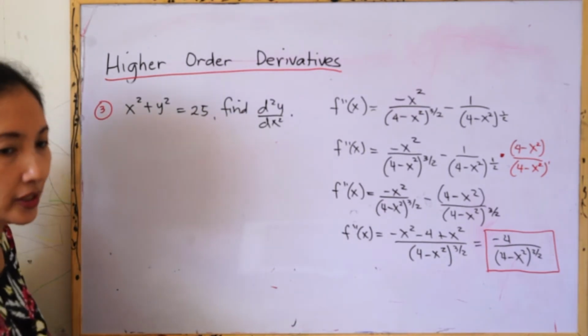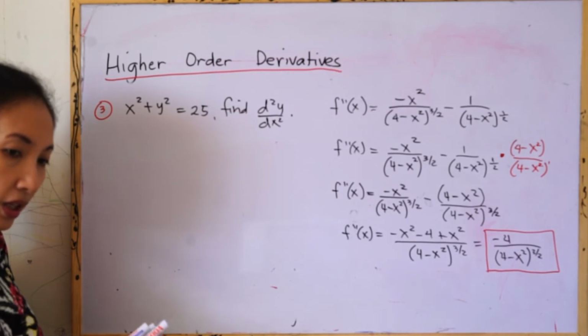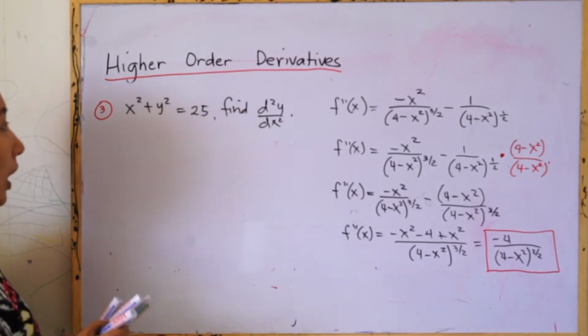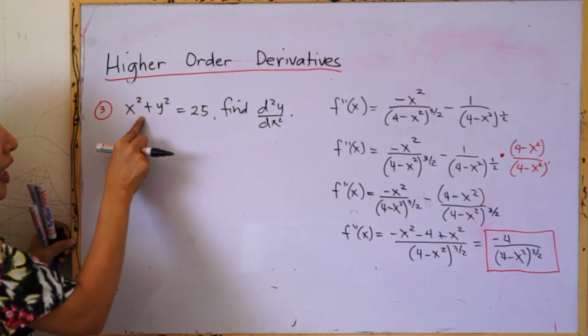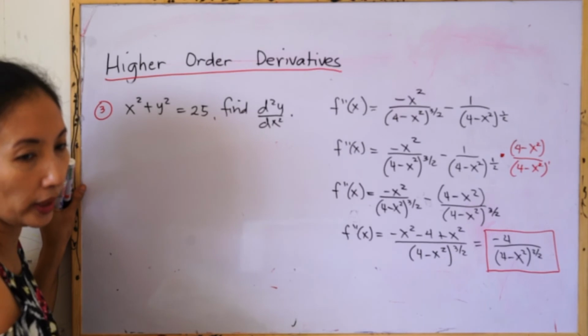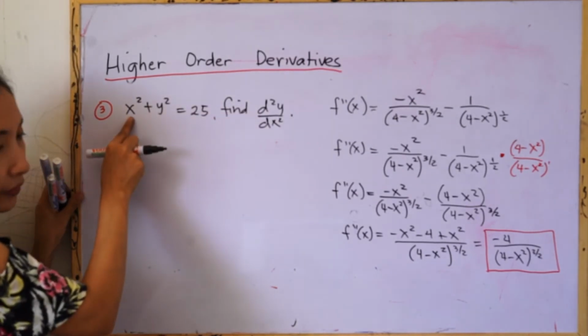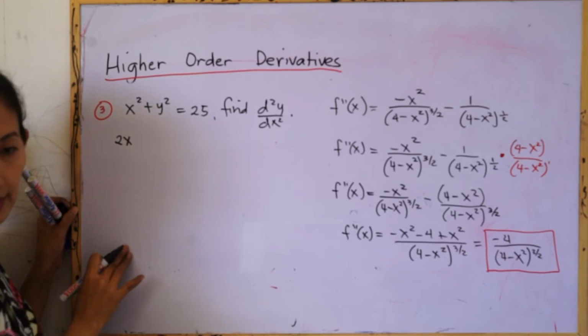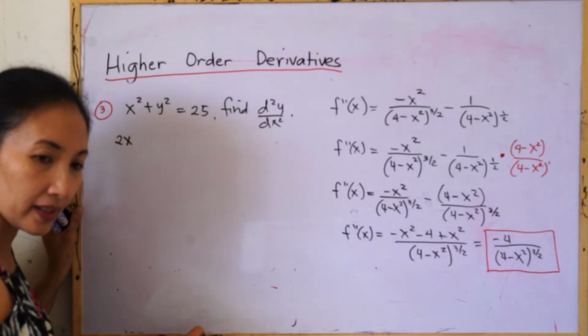When you differentiate the variable y, that's the only time you have to write dy over dx. Differentiate both sides of the equation with respect to x. Derivative of the first is 2x. We don't have to write dx over dx.